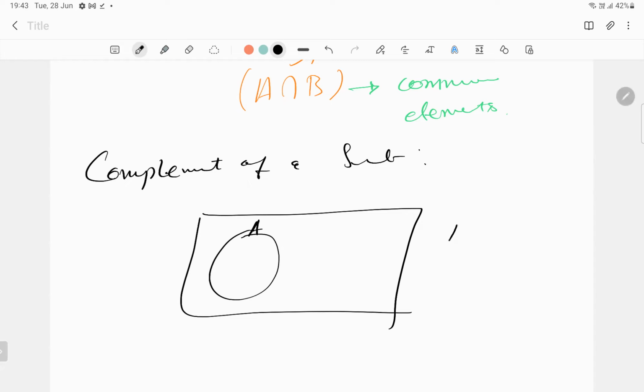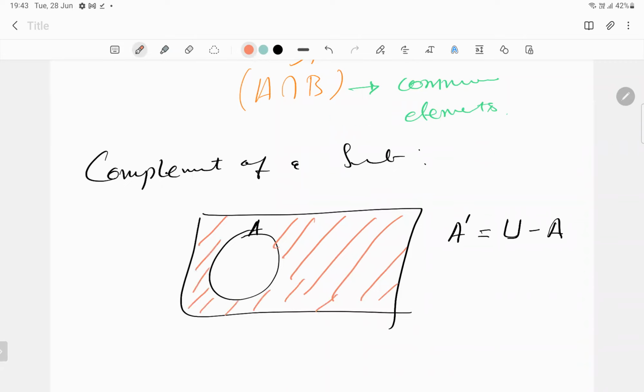So what is the complement of A? All the universal set excluding A. So you can write universal set minus A. That means this shaded portion, everything but A. This is called the complement, and we write A dash.